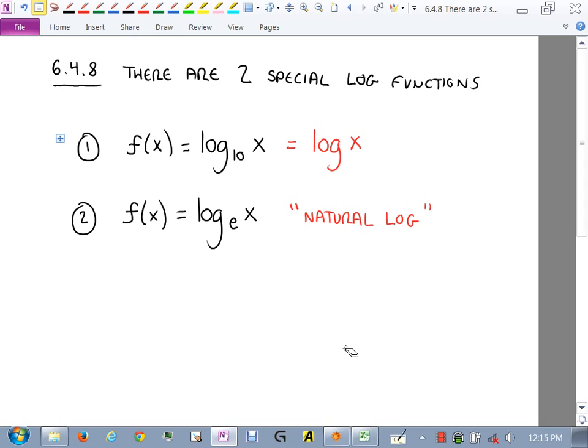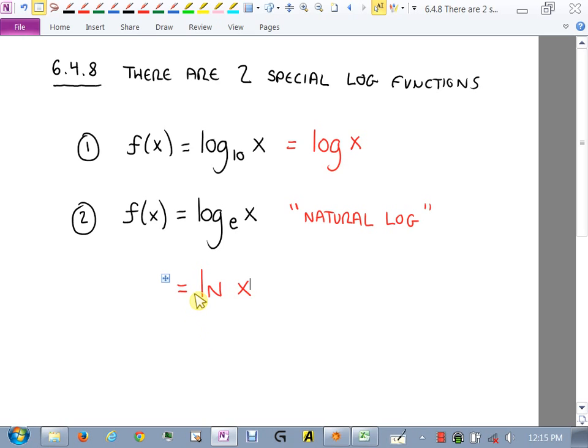Y'all okay with that? Now, the other one, there's a special notation for this one also. But we can't use this, so what we do is we write this. That's right. It's French, logarithm naturel or something like that. They say it backwards or whatever.